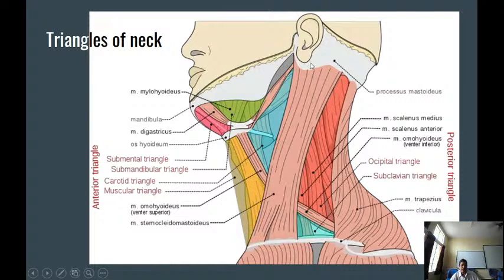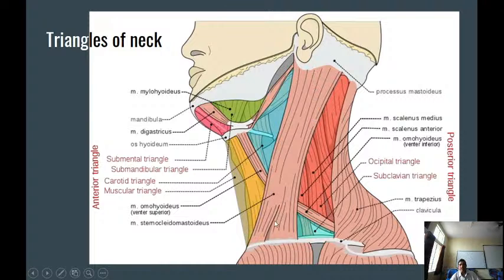Okay, so these are the boundaries: the mandible, lower border, and the sternocleidomastoid, and the midline, a line traveling along the midline of the neck. So these are the boundaries of the anterior triangle, which is further divided into the triangles, as I said, submental, submandibular, the carotid, and the muscular triangle.